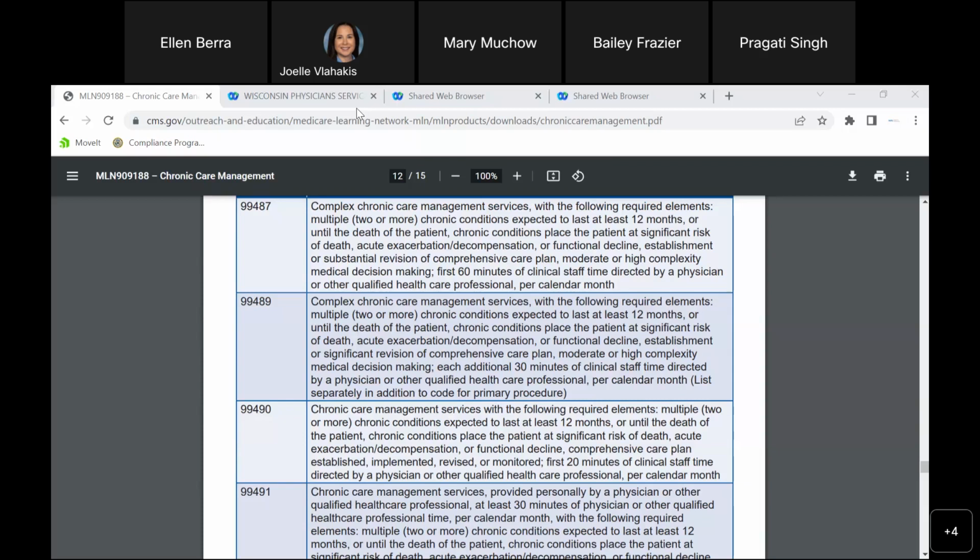So you've never seen the patient before, or you've not seen them within the last year. And so today you're seeing them, you're having a conversation on CCM, and as part of that, your physician or practitioner is doing a comprehensive assessment of that patient, and they are doing the care plan. So they are developing the care plan as part of that code.